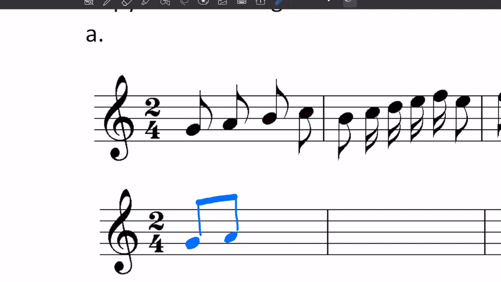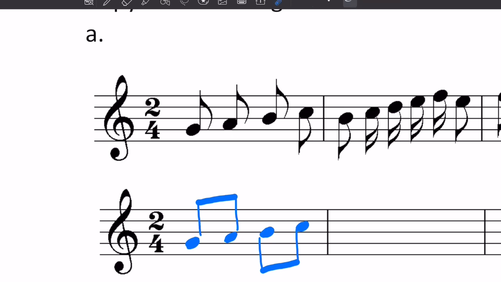So now, even though this stem is going up, when I beam it, I'm going to want it to go down to match the third space C. So I'll take my pencil and I'll draw my note head again. And now I add my stems, but this time going down, but still allowing it to have an upward direction. And I draw my beam.